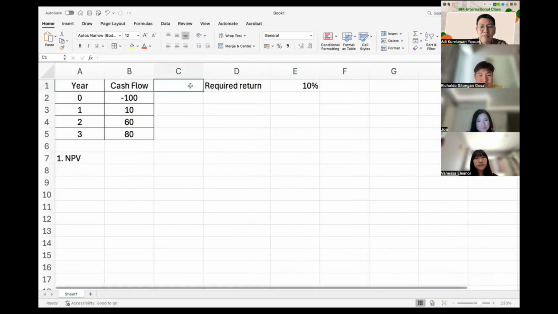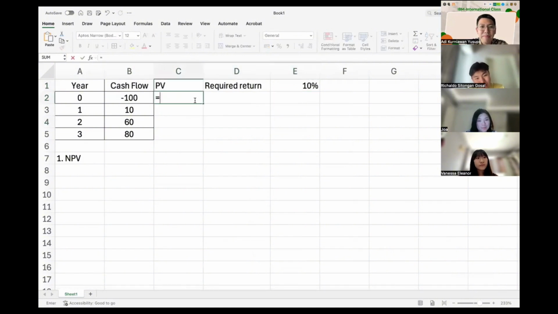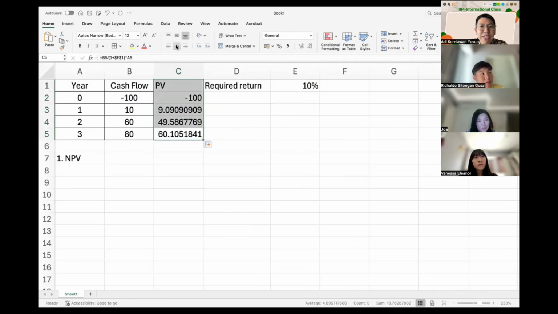So the present value will be minus 100 divided by 1 plus 10%. We make it absolute, to the power of 0 because it is in year 0. And then we drag it down. We can find the present value for each year.